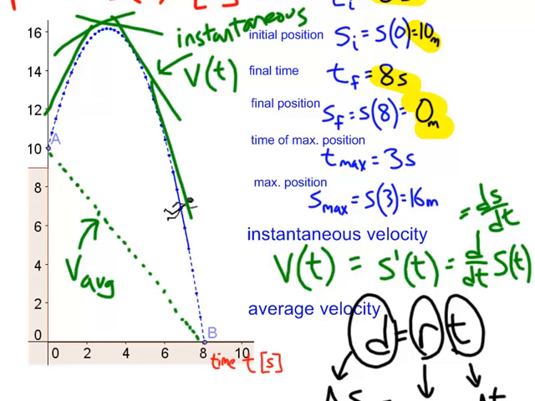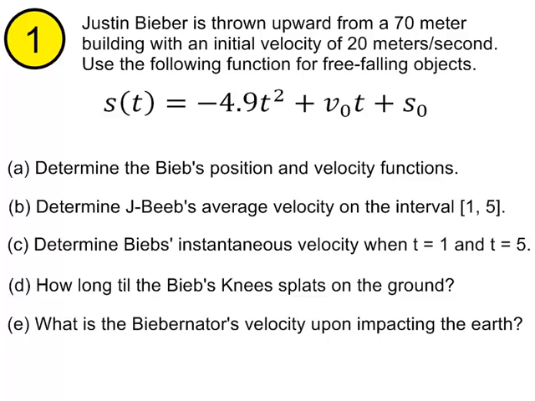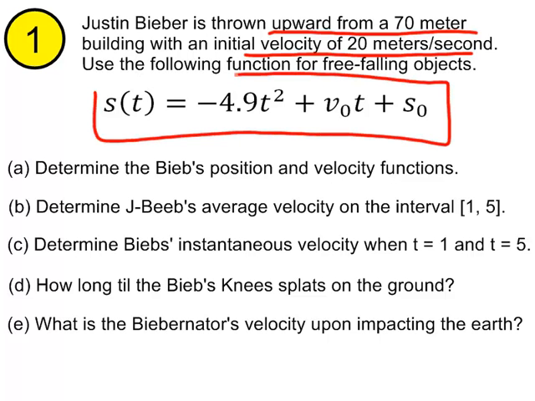Let's go ahead and apply that now to this exercise. So let's take a look at this specific exercise. Justin is thrown upward from a 70-meter tall building with an initial velocity of 20 meters per second. We were just given this basic structure for a position function.